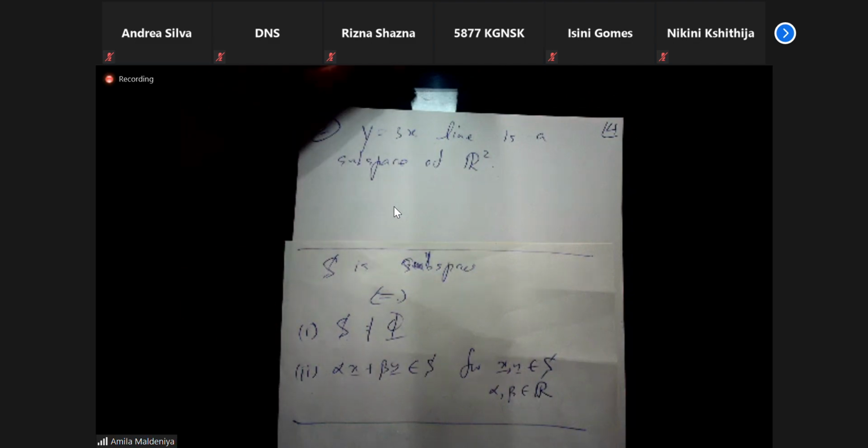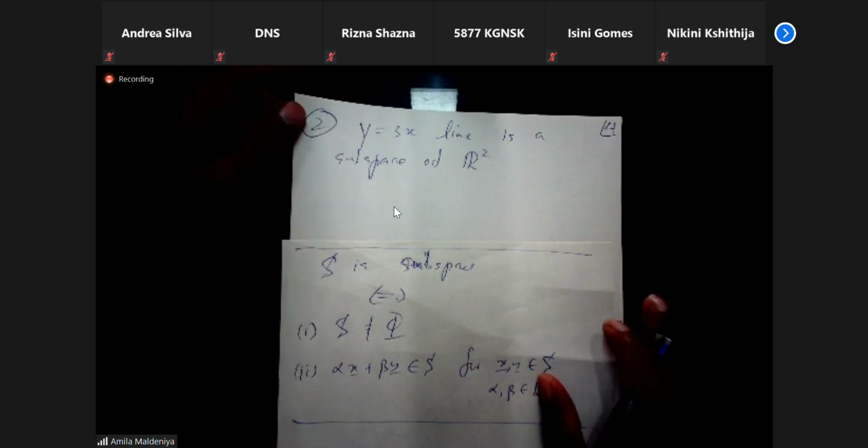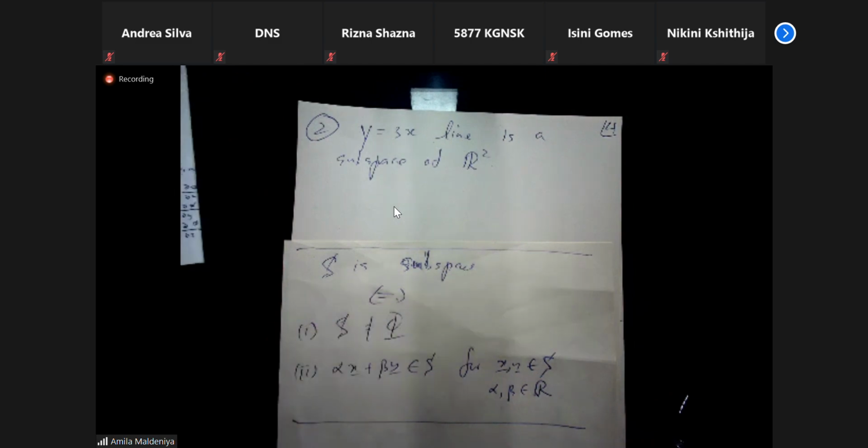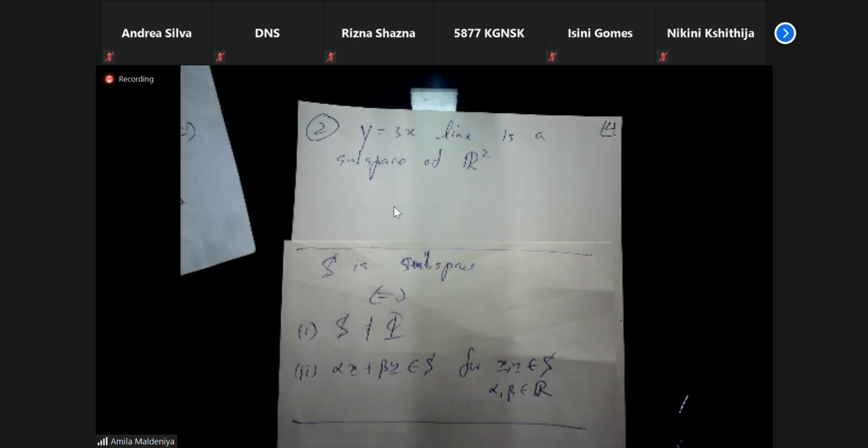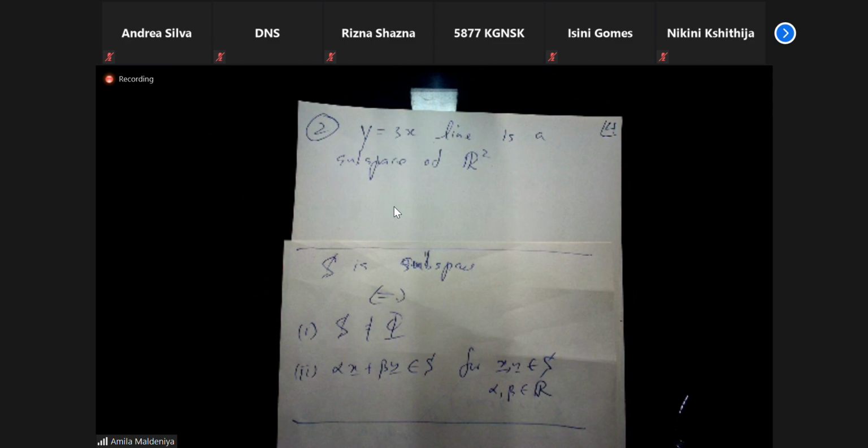Okay, students, how about it? Did you prove it? I cannot see individually. If you like, you can share. I'm not sure whether you can share the screen. If you can, I can say whether your proof is correct or not.